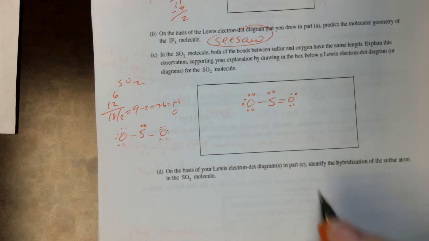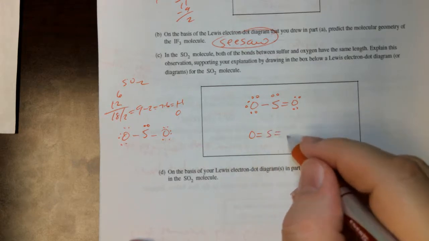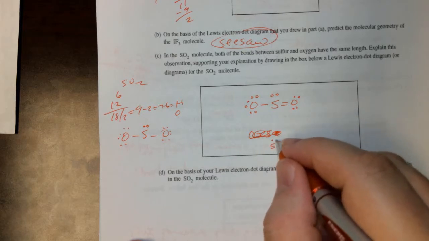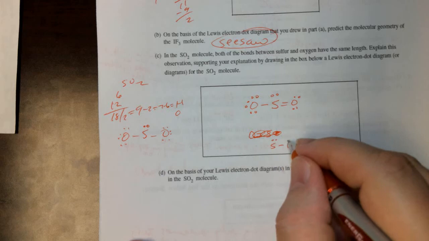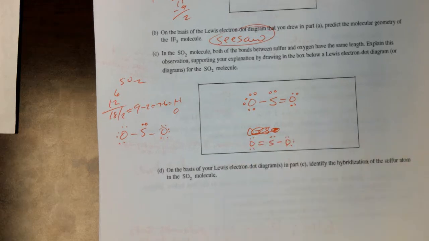Now, could we do it there, or should we do it here? Like this. So those are resonance structures.